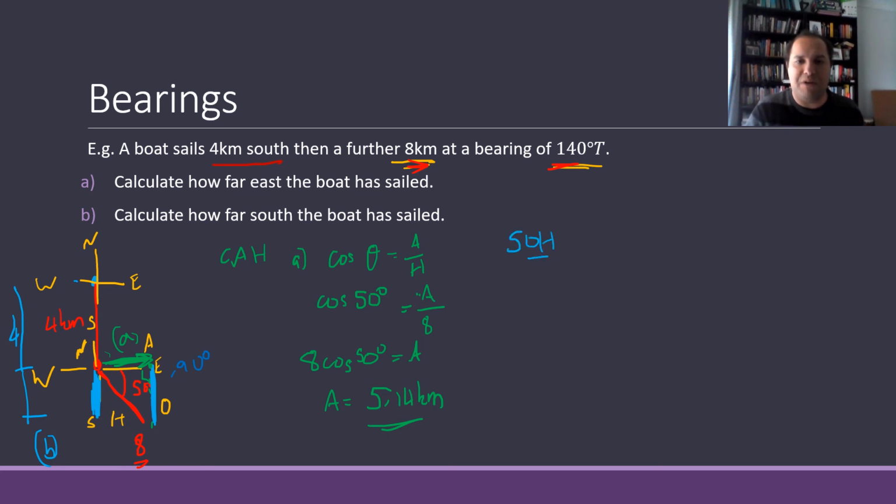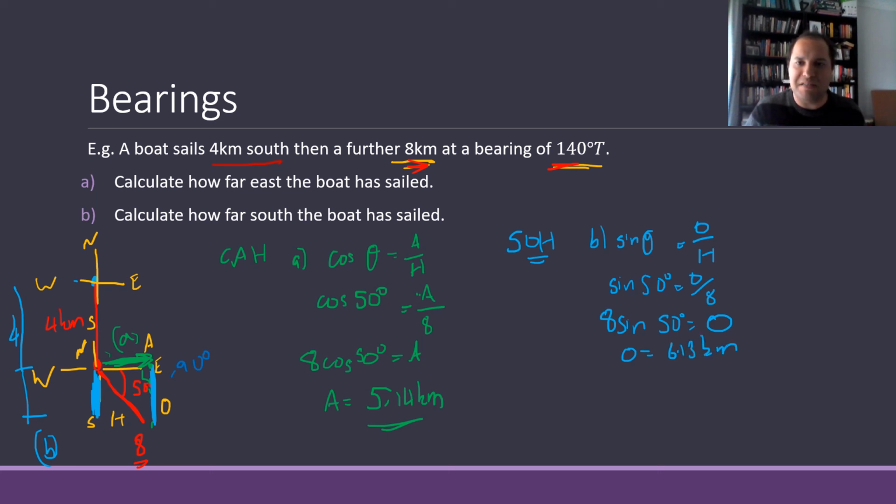Opposite side on hypotenuse is a sure sign for using sine. So the sine of our angle equals opposite over hypotenuse. Let's just keep it as O. Sine 50 equals O over 8. 8 sine 50 equals our opposite side.